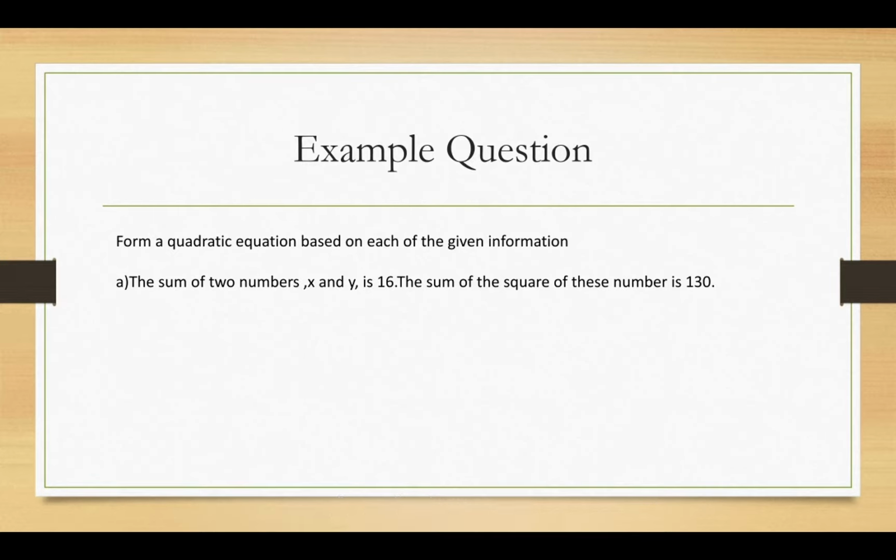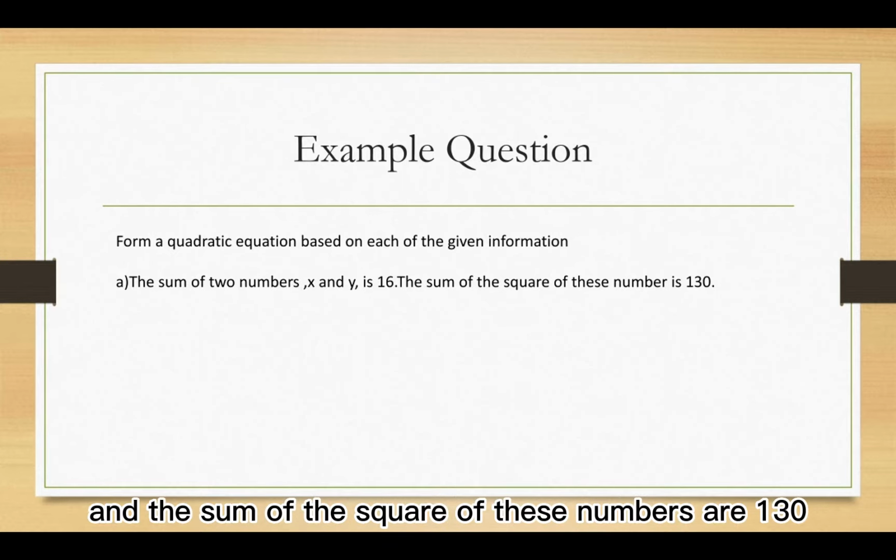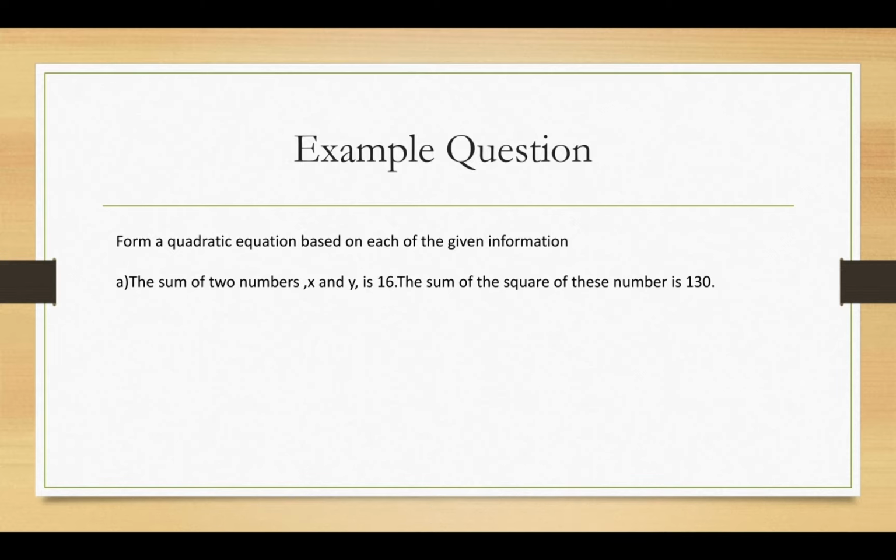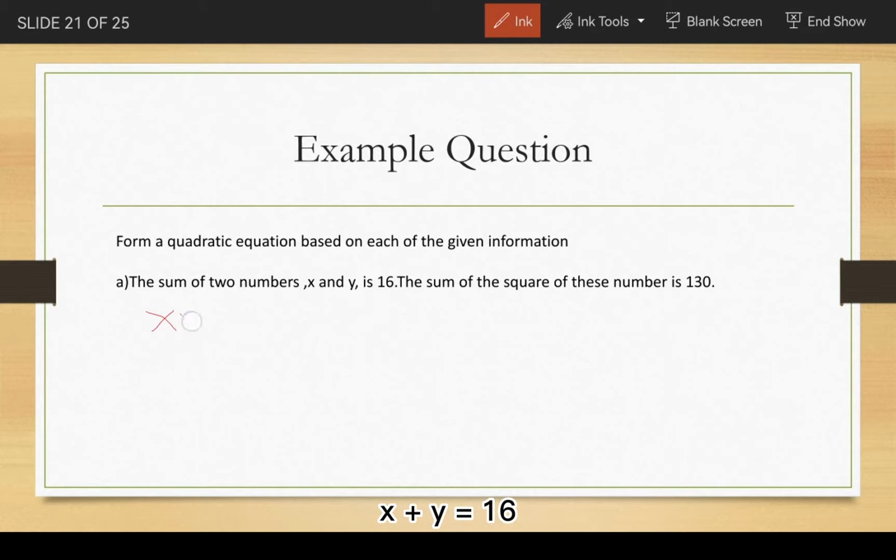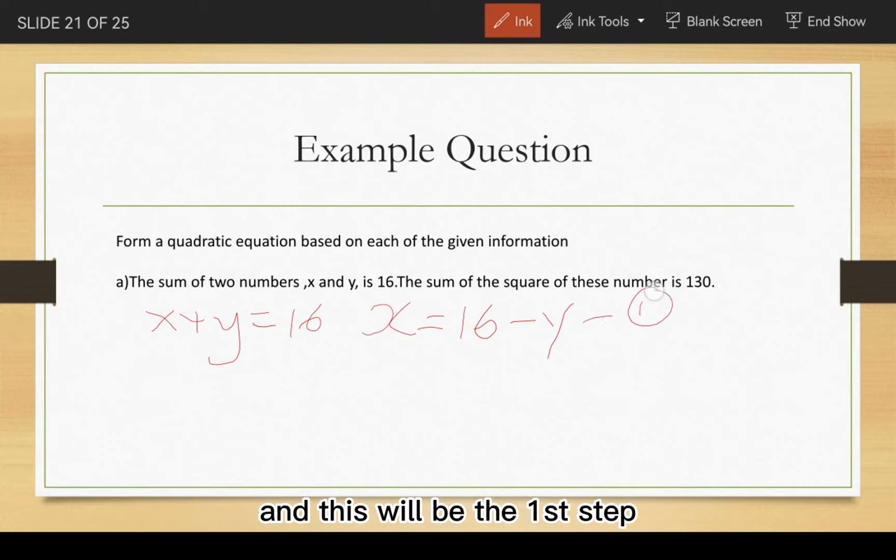Okay, let's continue. The sum of two numbers x and y is 16, and the sum of the square of these numbers is 130. First, I will form the information correctly, which is x plus y equal 16, which is x equal 16 minus y, and this will be the first step.